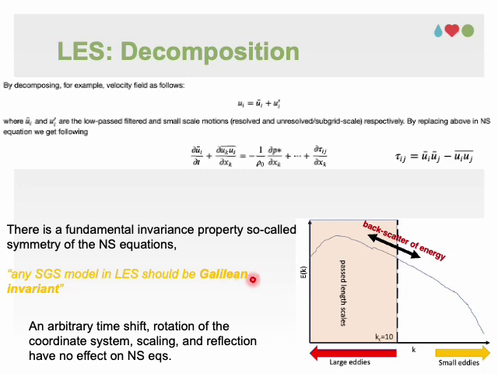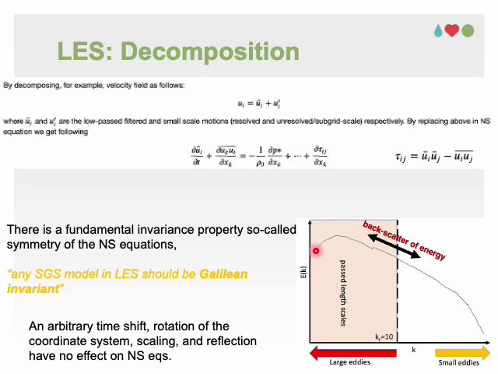This is important because the small-scale turbulent structures that are parameterized are often in motion relative to the large-scale flow. If the subgrid scale models are not Galilean invariant, then their predictions will depend on the reference frame in which they are computed, leading to unphysical results.